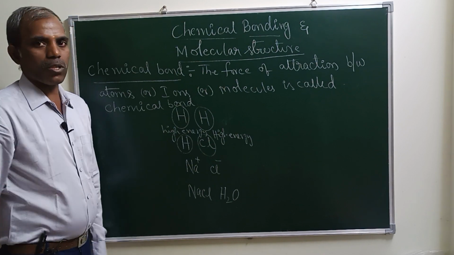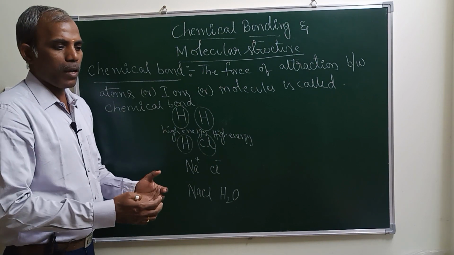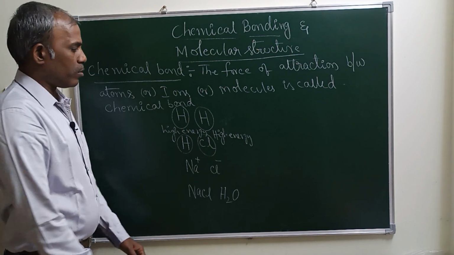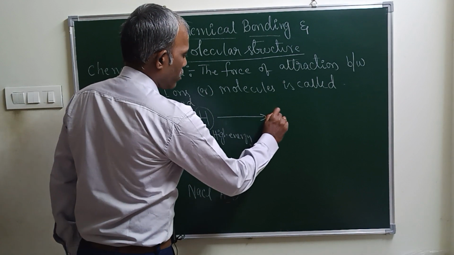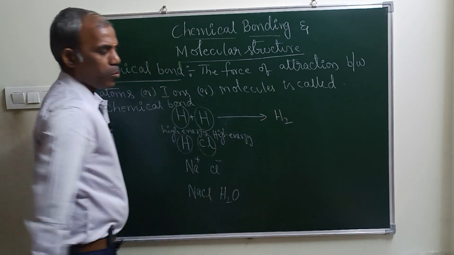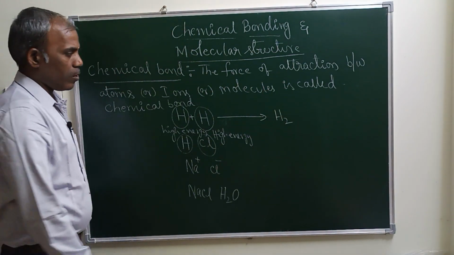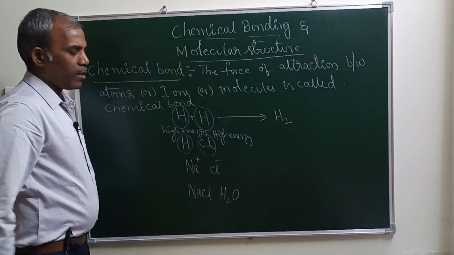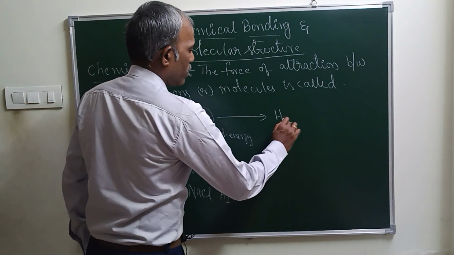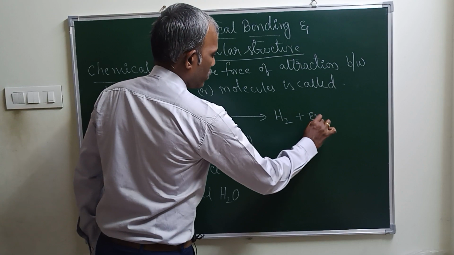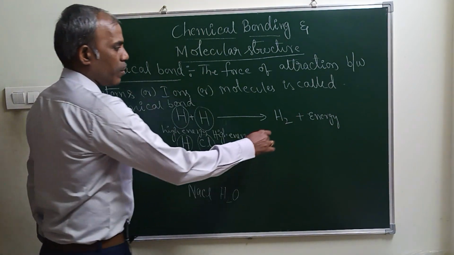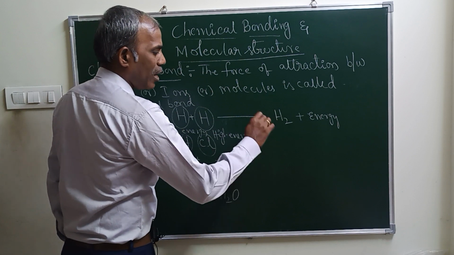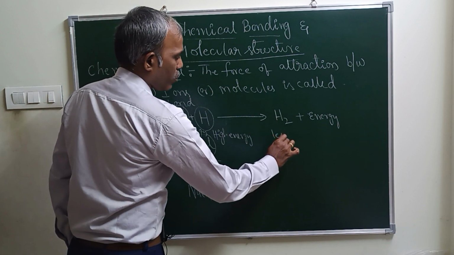Now to attain stability, what will they do? They combine with each other. To combine, there must be an attractive force. Here you see these two atoms combine and result in a molecule called H2, the hydrogen molecule. After combining, these two atoms release energy, and the molecule will have less energy and becomes more stable.